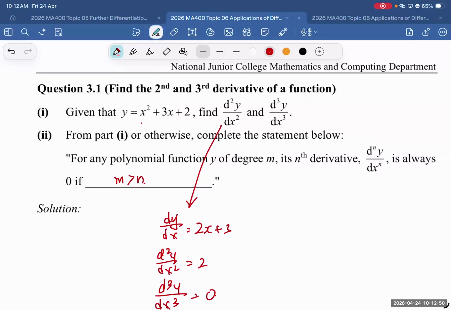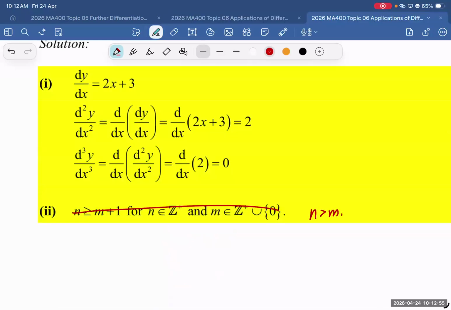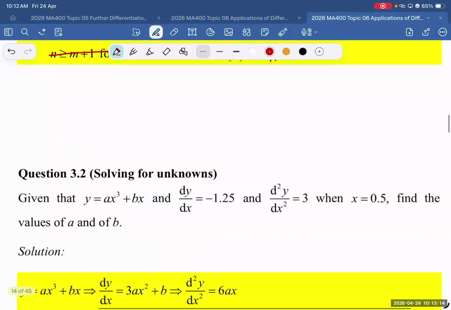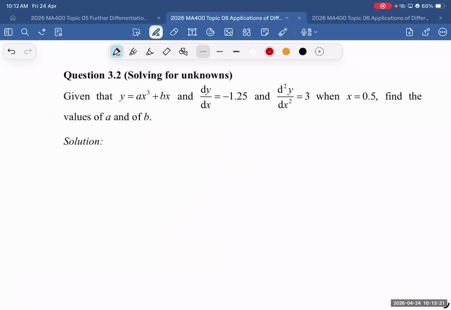Now if y is equals to ax cube plus bx, dy/dx is negative 4.25 when x equals to 0.5. What about the d²y/dx²? This is also 6ax, which is equals to 3.